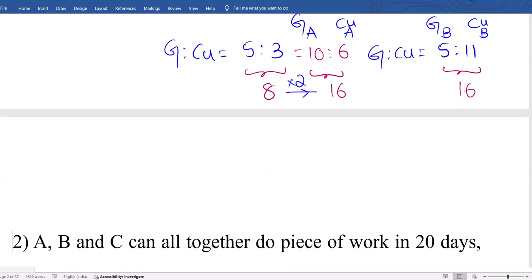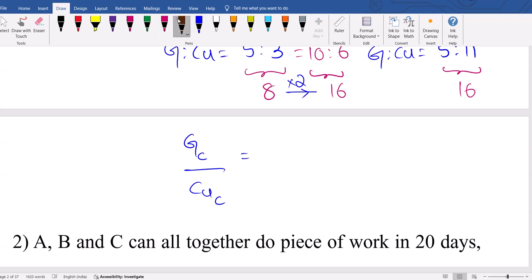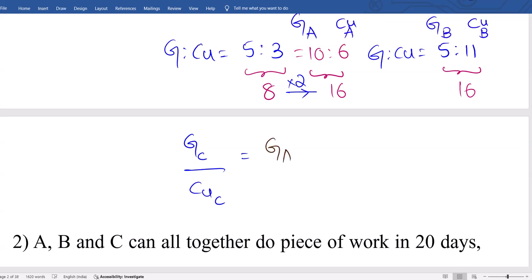Now, how to do this question? We have to calculate what is gold in C and what is copper in C. Gold in C is nothing but gold in A plus gold in B. Copper in C is copper in A plus copper in B. As I mentioned, CSC boys and girls and EC boys and girls come to the seminar hall.